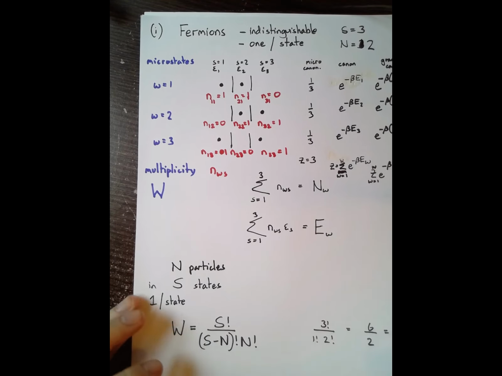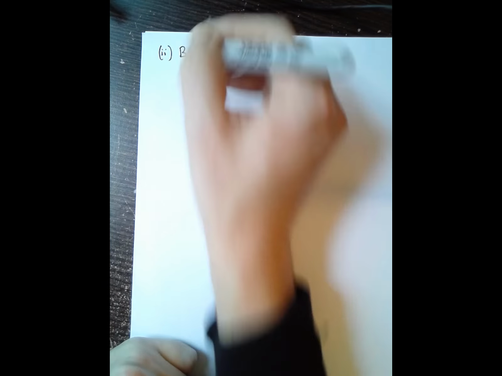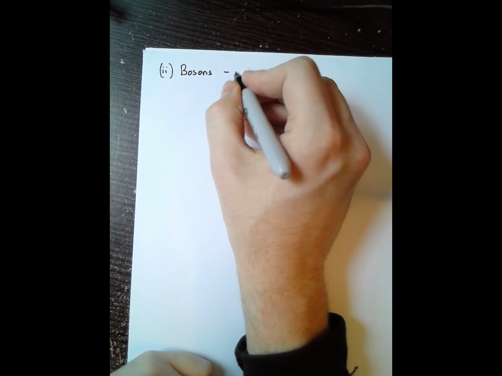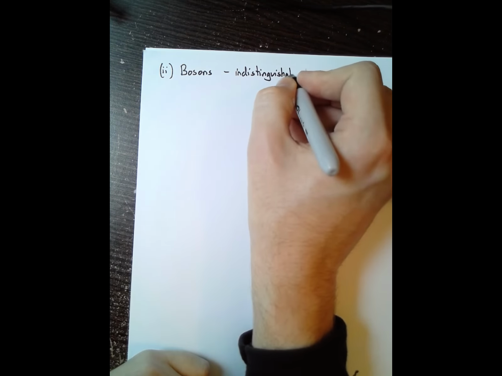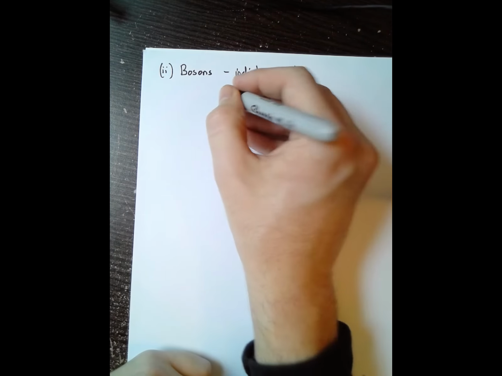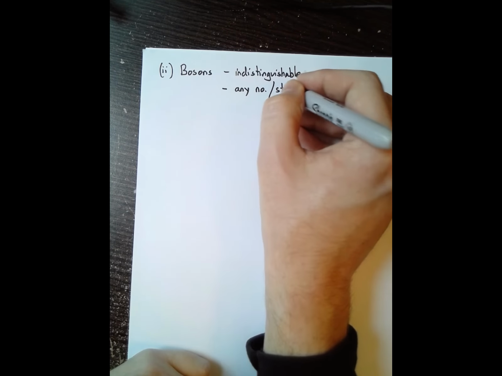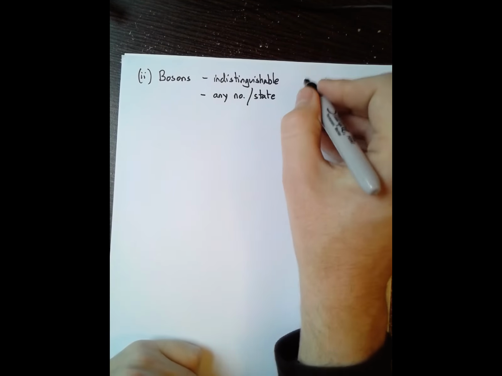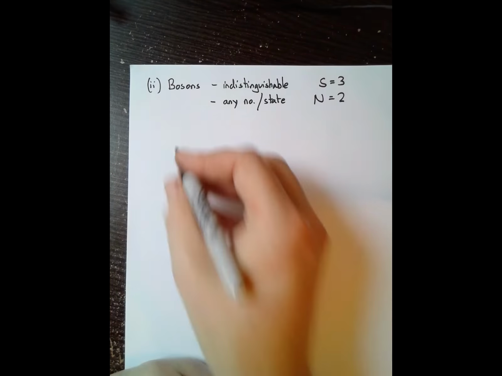Let's move on to bosons, see how things change. So bosons are indistinguishable because they're still quantum particles, but we are now allowed to have any number of particles per state. So let's stick with S is 3 and N is equal to 2. In this case, let's write down all our states.